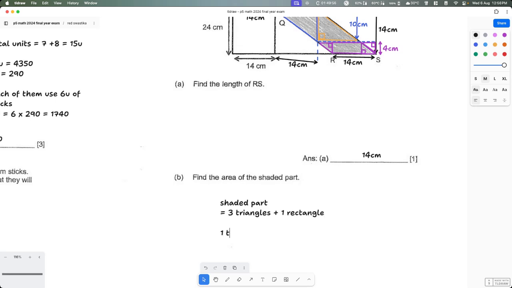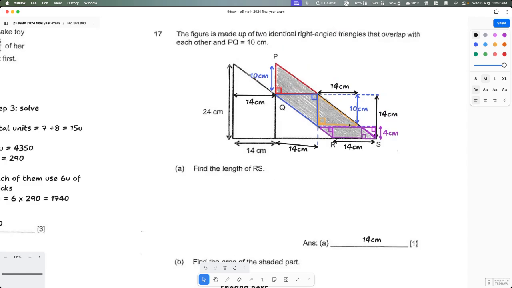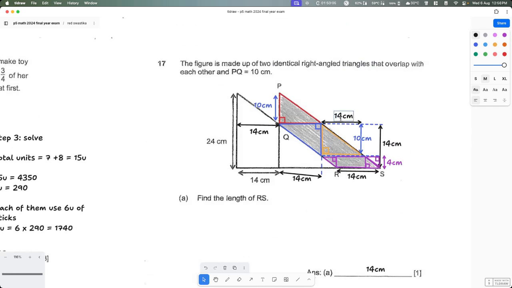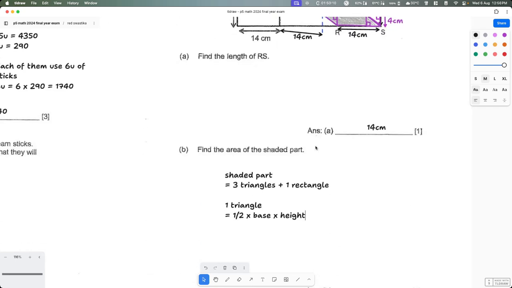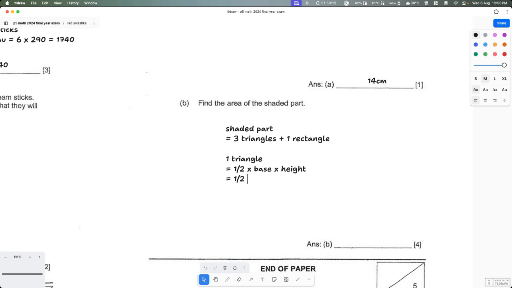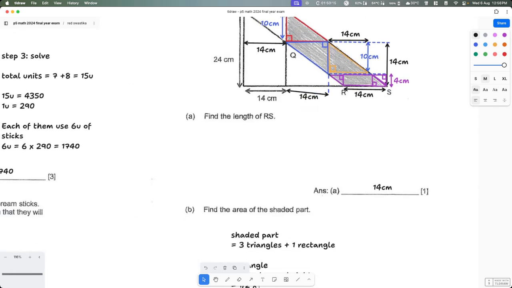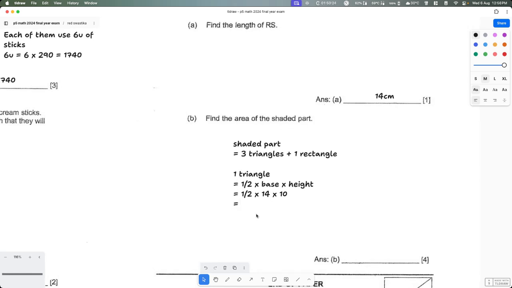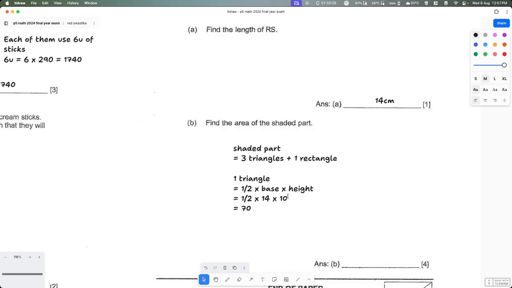Okay, so 1 triangle, in this case 1, 2, 3, is equal to half times base times height. In this case, the base is 14 and the height is 10. So for all of this is the same. That means half times base is 14 centimeters, and then times height. 14 times 10, so this will be equal to 70, right? So 14 divided by 2 is 7 times 10 is 70.